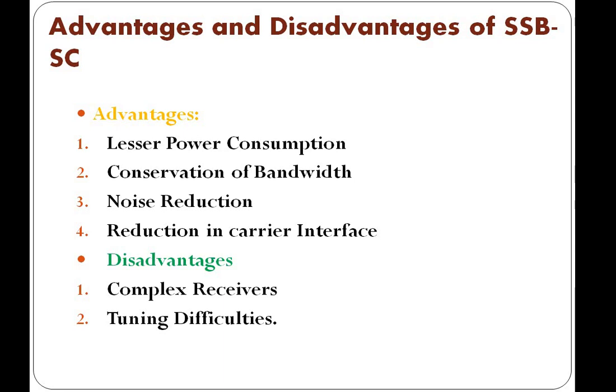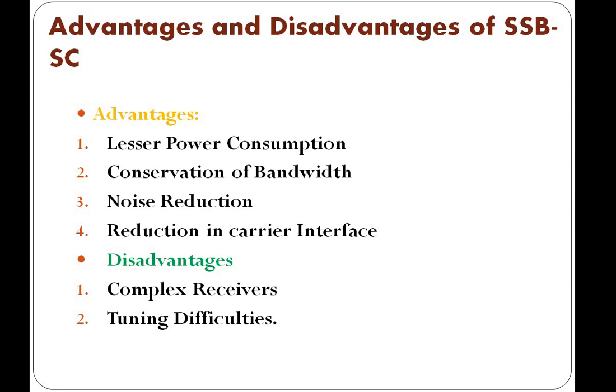The second one is conservation of bandwidth. Of course your bandwidth is reduced. Single sideband transmission requires half as much bandwidth compared to amplitude modulated wave or DSB-FC wave. You used to have 2W, right? The bandwidth was 2 omega.